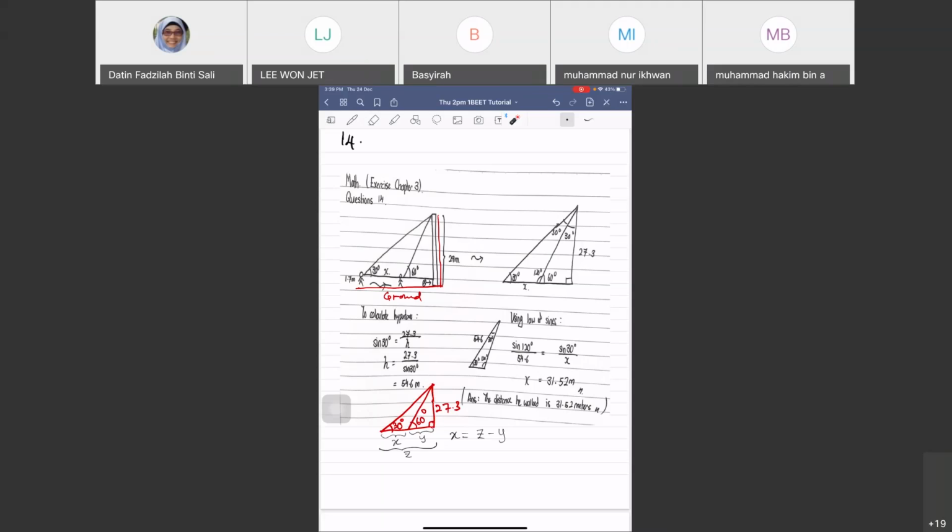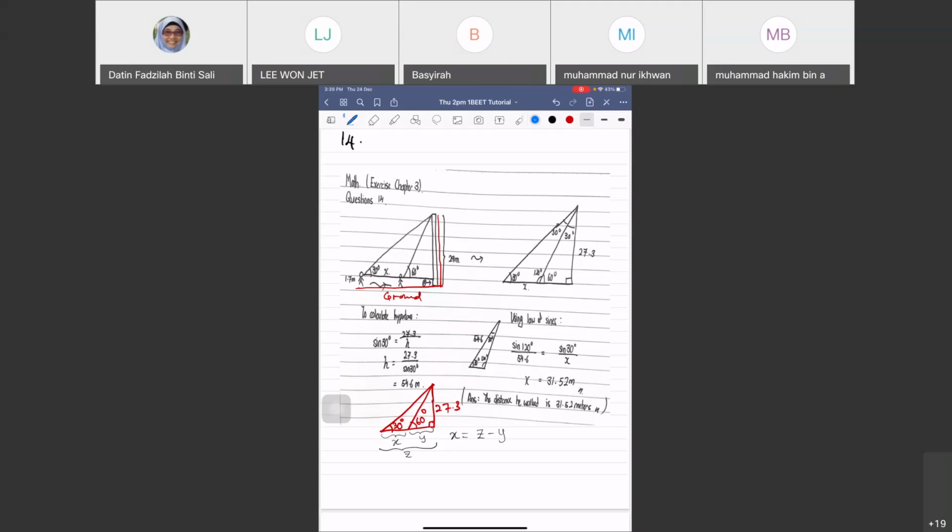To find the z, we just need to look at the one big triangle. What you have here is opposite and adjacent, so we are using tangent.